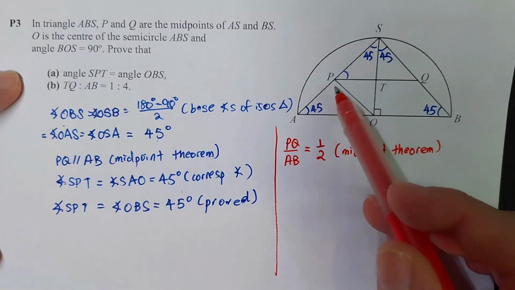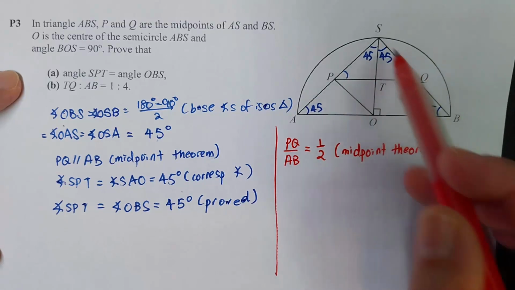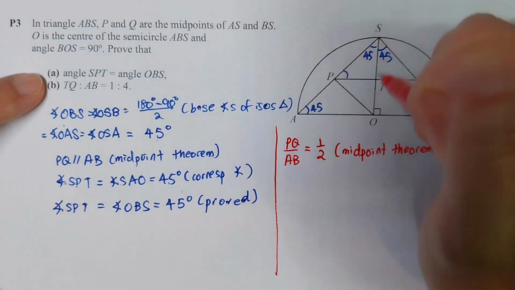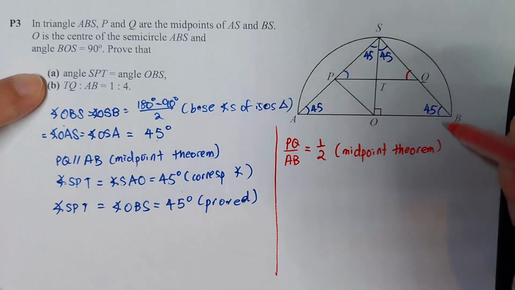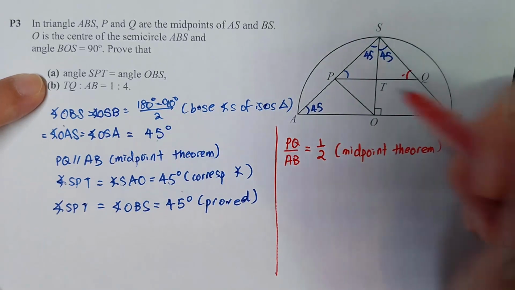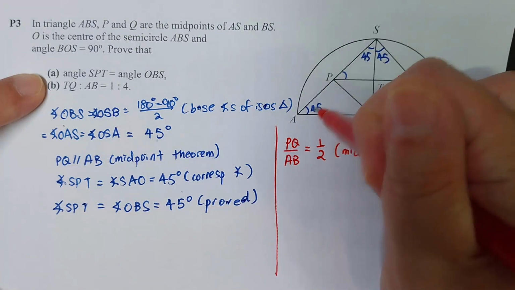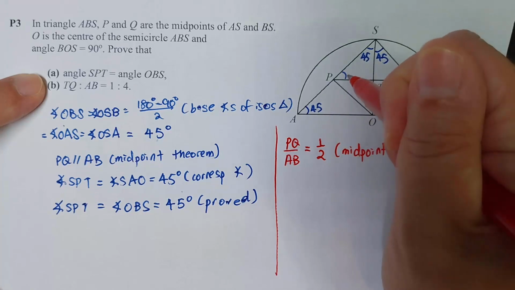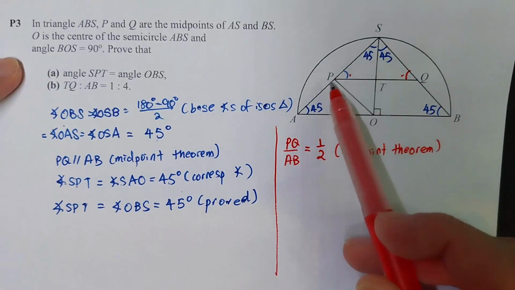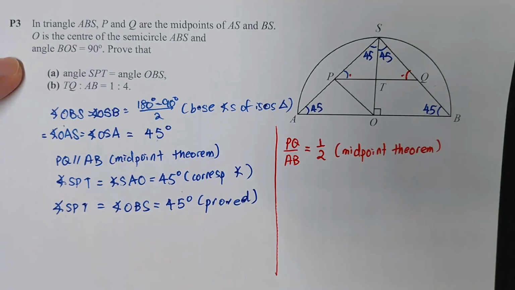Triangle SPQ is an isosceles triangle because this angle here, due to corresponding angles, is 45 degrees. This angle, because of what was proven earlier, is also 45 degrees. So SPQ must be an isosceles triangle.